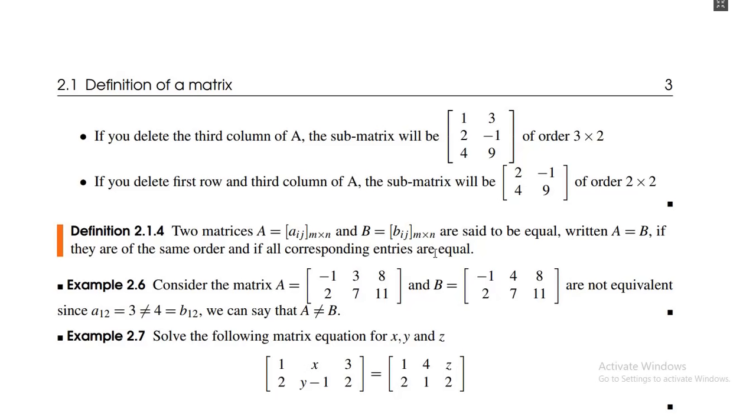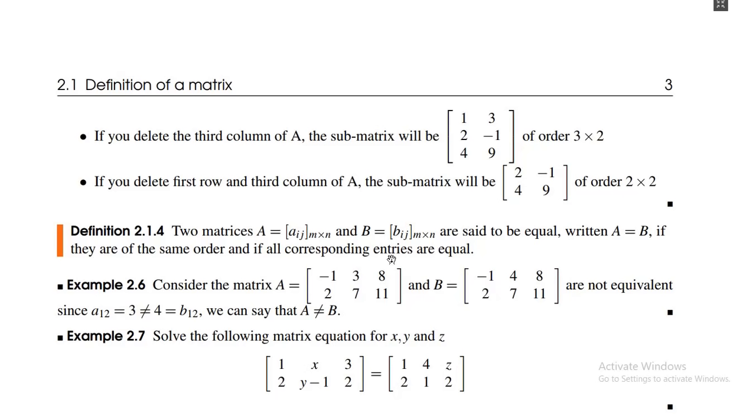In other words, two matrices A and B are said to be equal if they have the same order and their corresponding entries are equal.